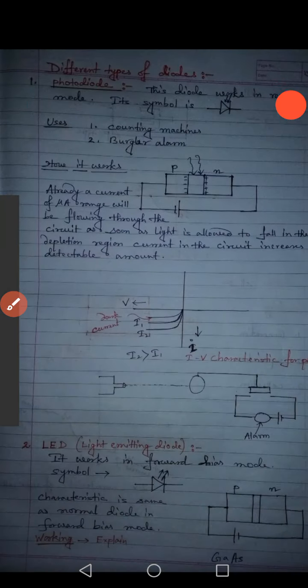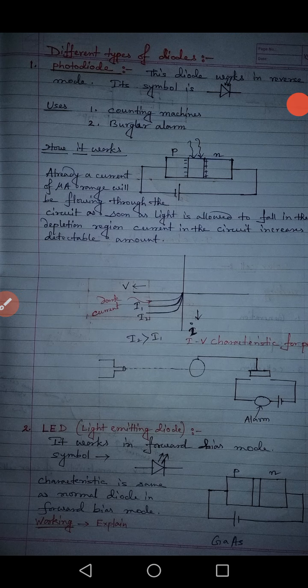So there will be recombination. When electrons get recombined with the holes, there will be generation of a large amount of energy. Okay, in a normal diode, this energy does not fall in the visible range, that is why we do not see any light. But in case of LED, this energy falls in the visible range, and that is why we get light.